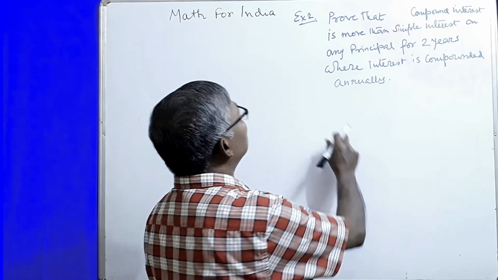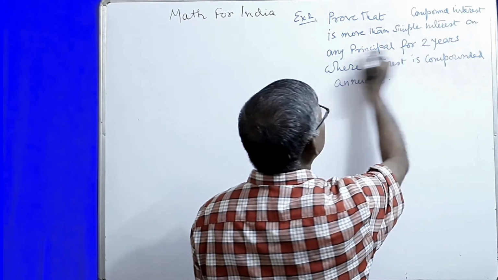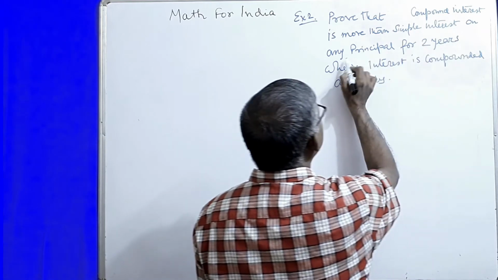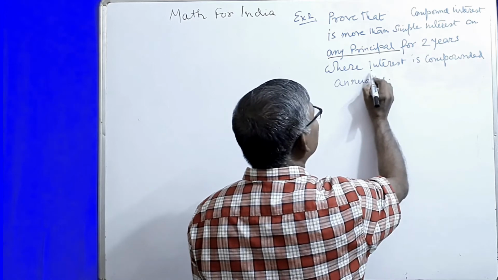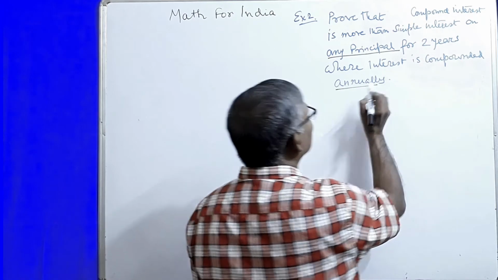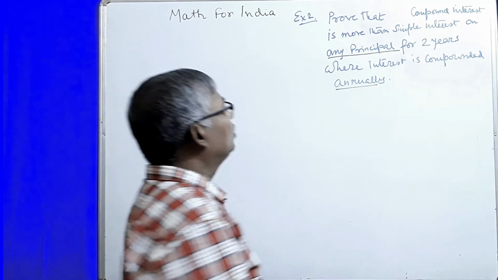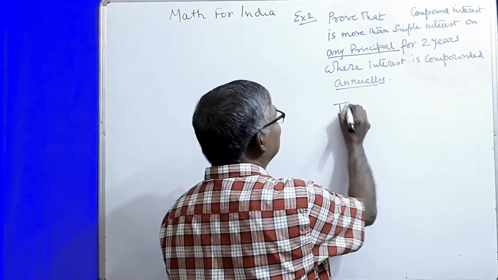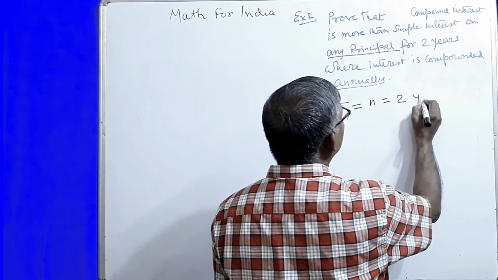Here is the problem: prove that compound interest is more than simple interest on any principal for 2 years, where interest is compounded annually. Students, here only one thing is given, that is time. Time equal to N equal to 2 years.